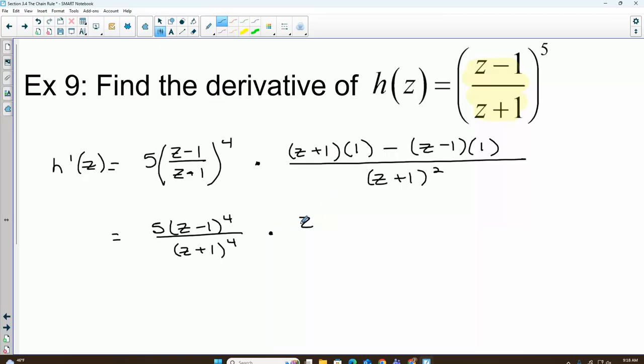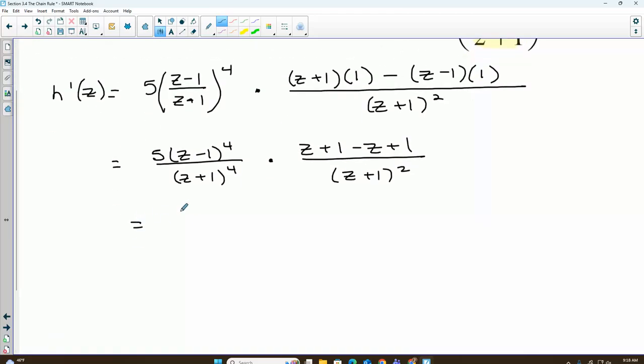That might help us cancel some things out in a second. Okay, here we have z plus 1 minus z plus 1 over z plus 1 squared. So my z's cancel. 1 plus 1 is 2.